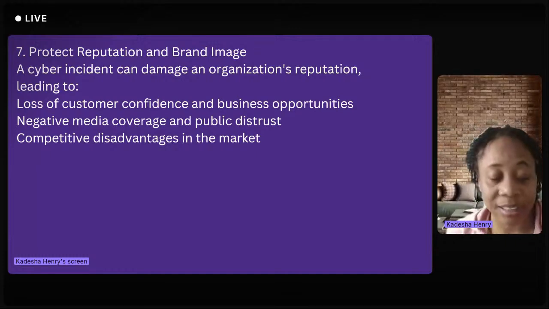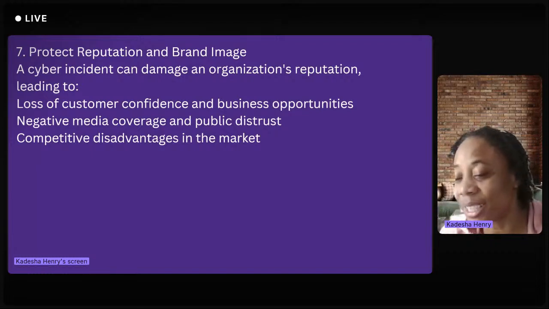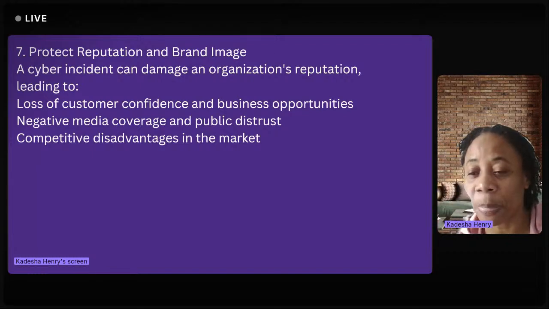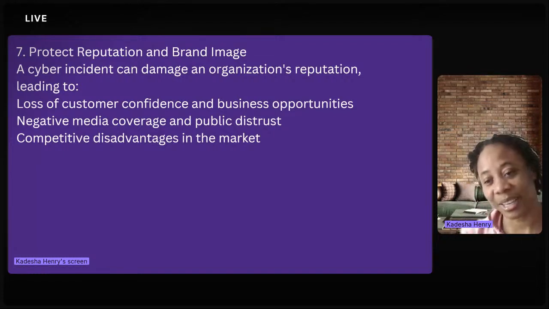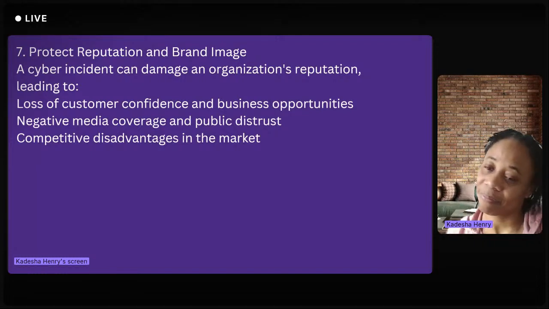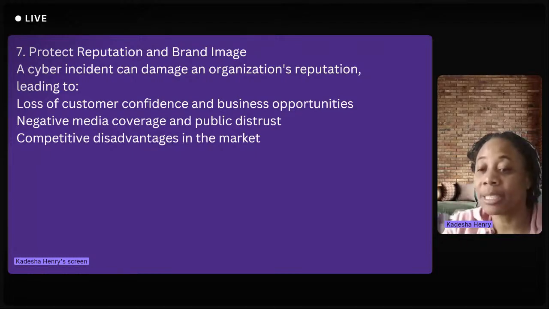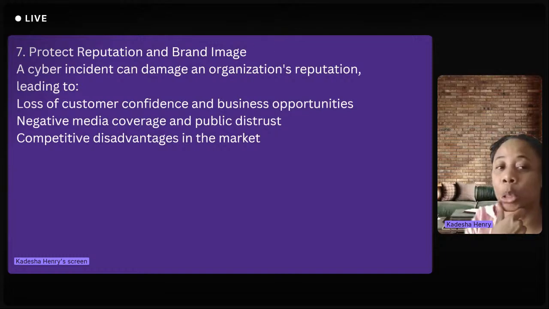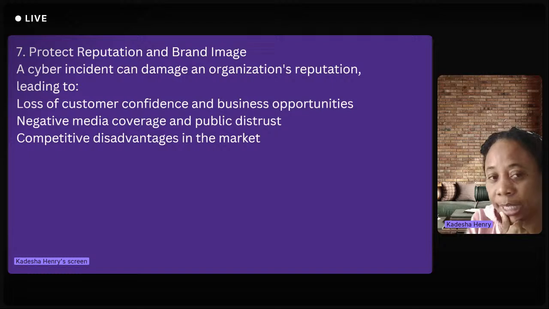And because there is this constant breach and leaking of information, customers don't trust your organization to do business. So we have to make sure that we have this incident response plan and process to protect your reputation and brand image.